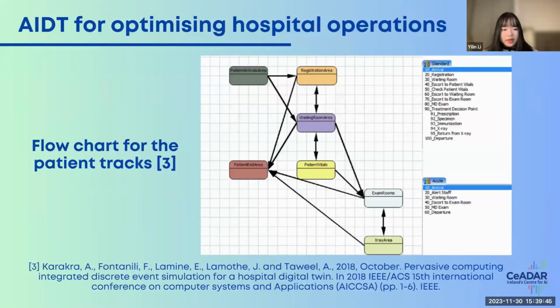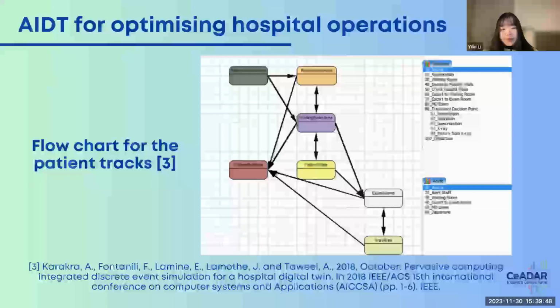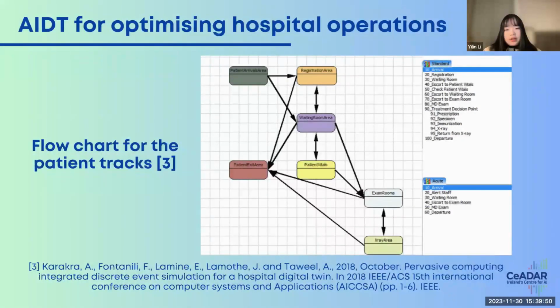And as shown in this picture, is designing the simulation model. They designed a flow chart that describes the different steps or care processes that a patient goes through when using different hospital services, as shown here.